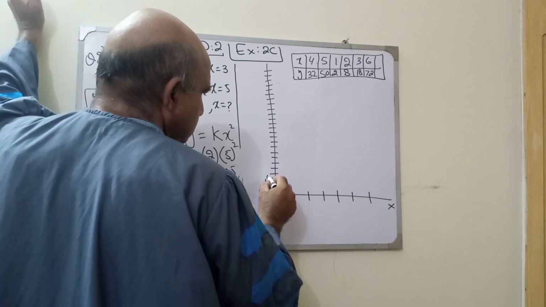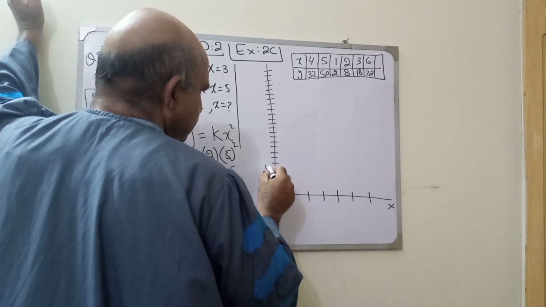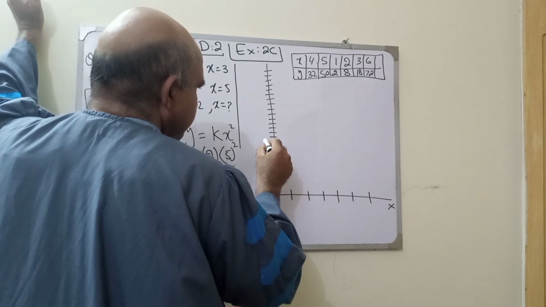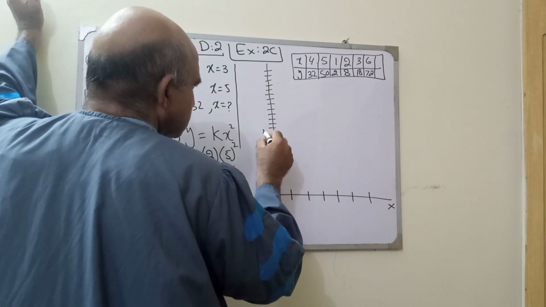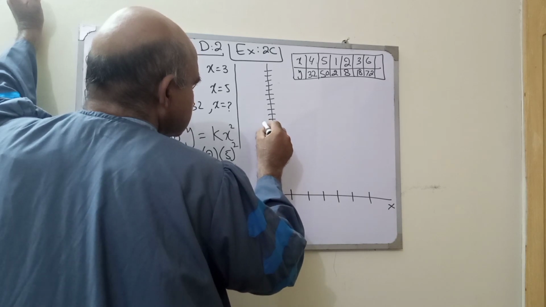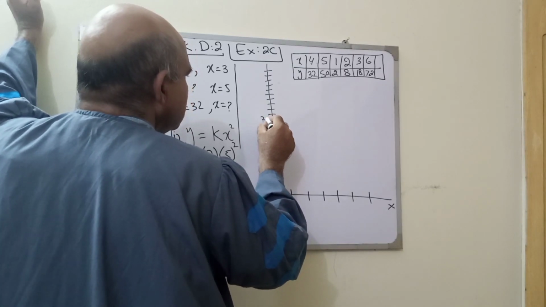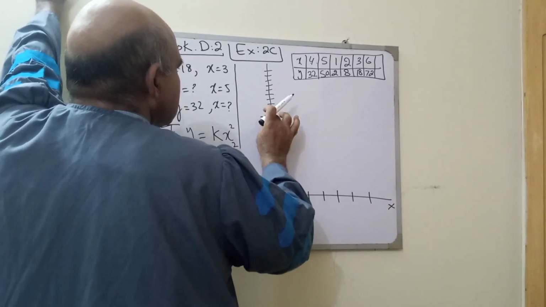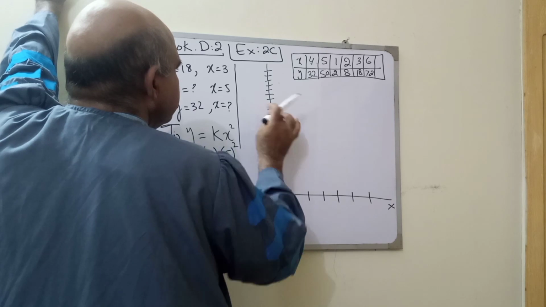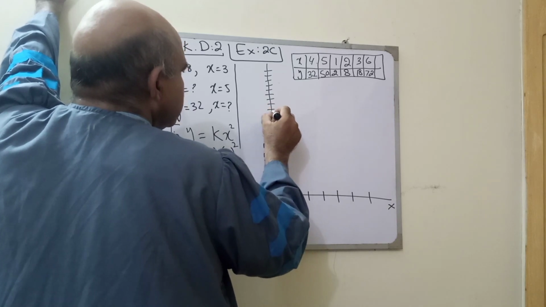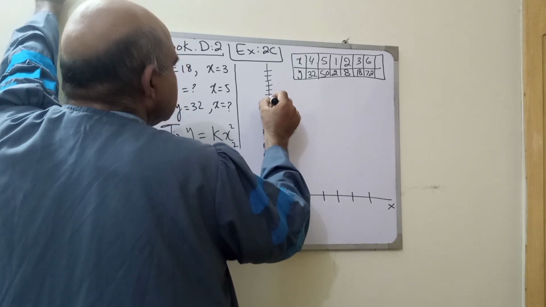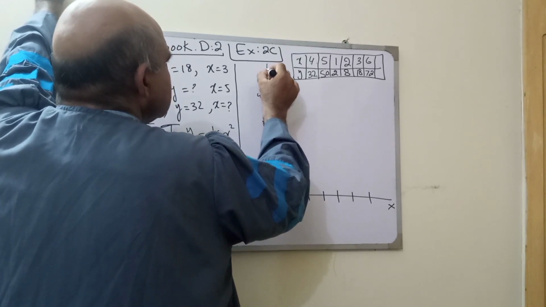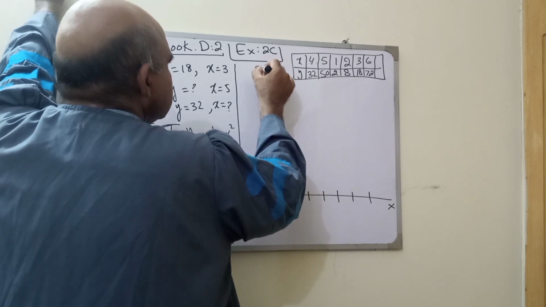So here 2, 4, 6, 8, 10, and so on up to 50.